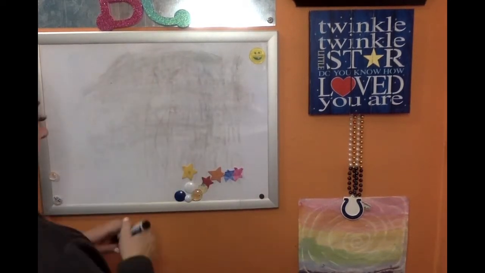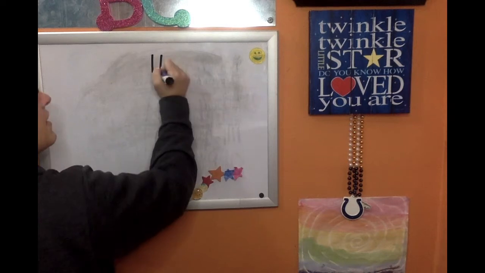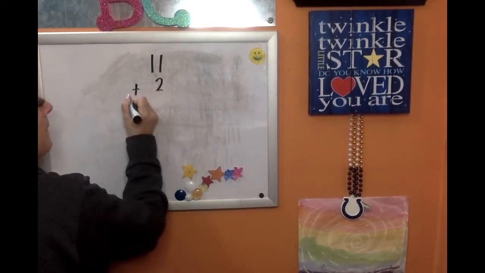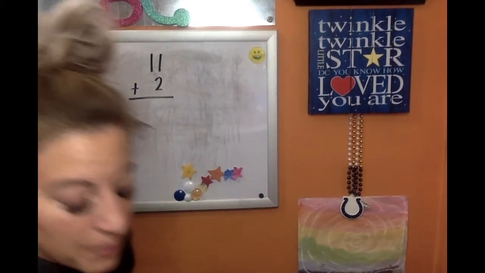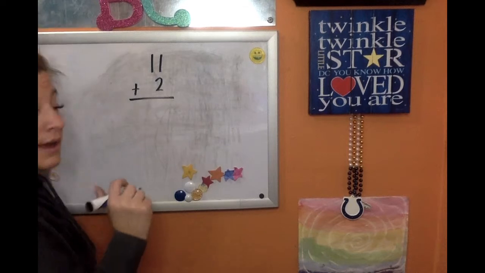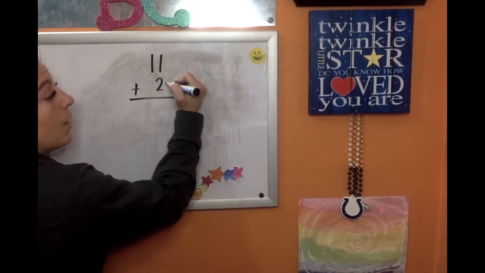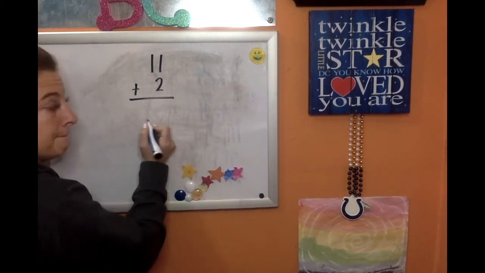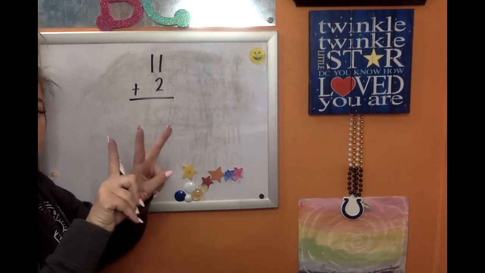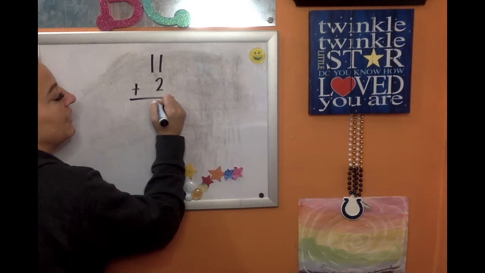Okay, our next math problem is 11 plus 2. Okay, here we go. We could count up, start at 11 and add 2 more. And I can also do it like this. What is 2 plus 1? 2 plus 1. 3.